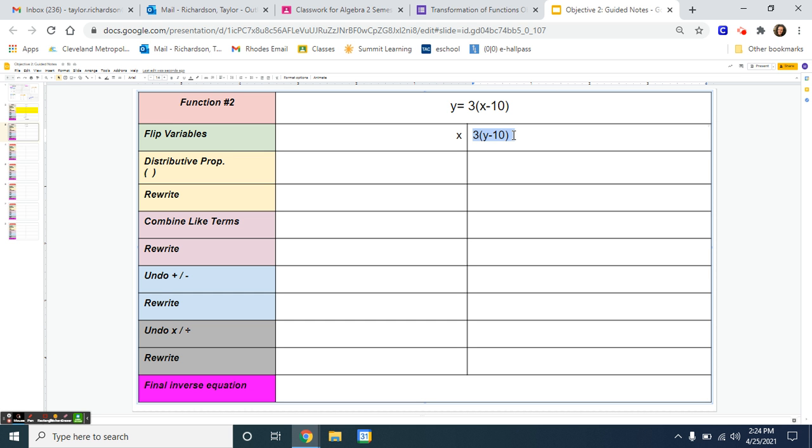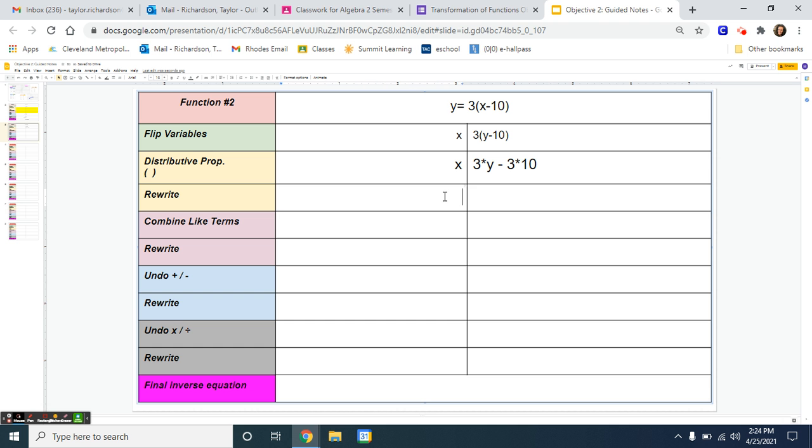Now, if you remember, the distributive property is taking the number out front, 3, and multiplying it by everything inside the parentheses. So I'm going to first do 3 times y. I'm going to keep that minus sign, and then I'm going to do 3 times 10. I'm going to take the 3 and multiply it by everything inside. Okay.